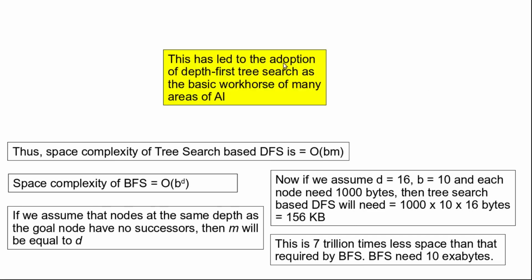And this has led to the adoption of depth first tree search as the basic workhorse of many areas in AI. Because of this advantage of tree search based DFS, it is more favored.